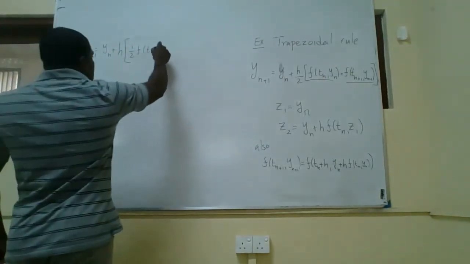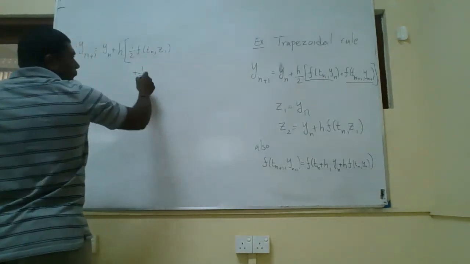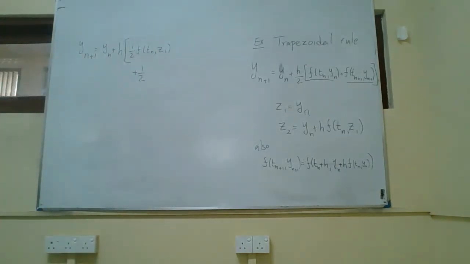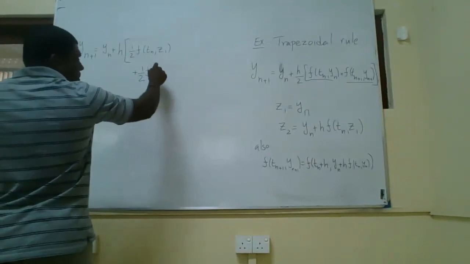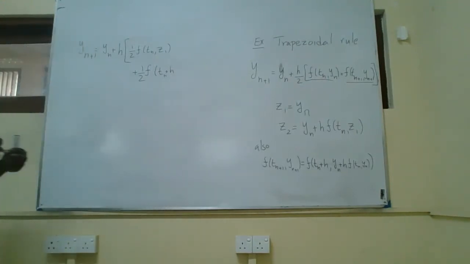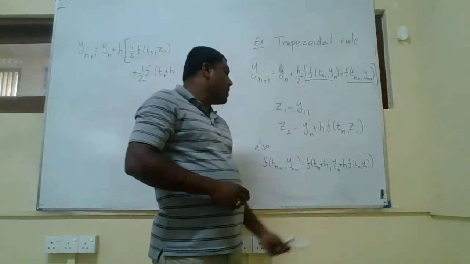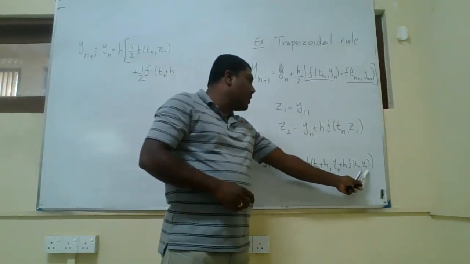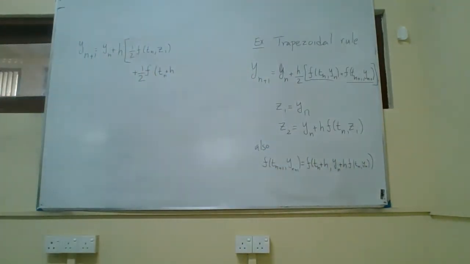So z1 plus 1/2 of f of t_n plus h, and this is y_n plus h times f of t_n, y_n, which is z1, so that is z2.